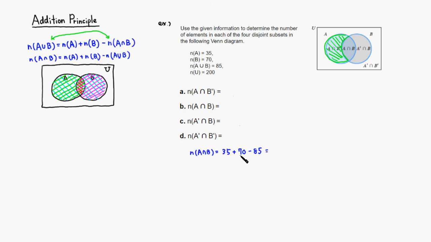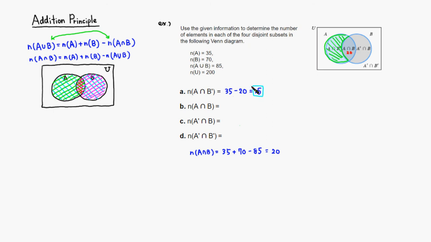So 105 minus 85 is 20. We know there's 20 there. The number of elements in A is 35, so 35 minus 20 will get us 15. That's the answer for part A.